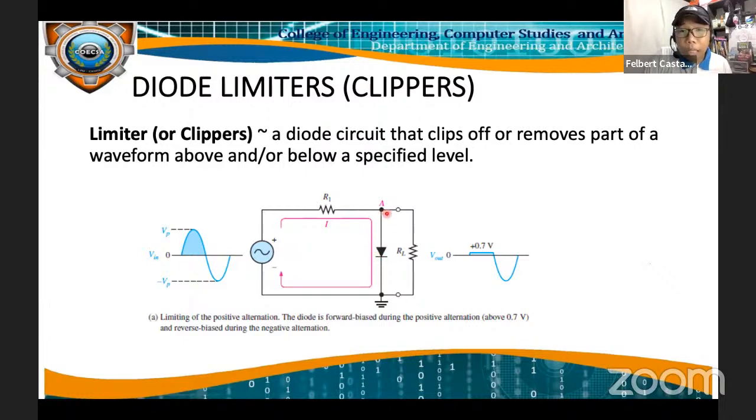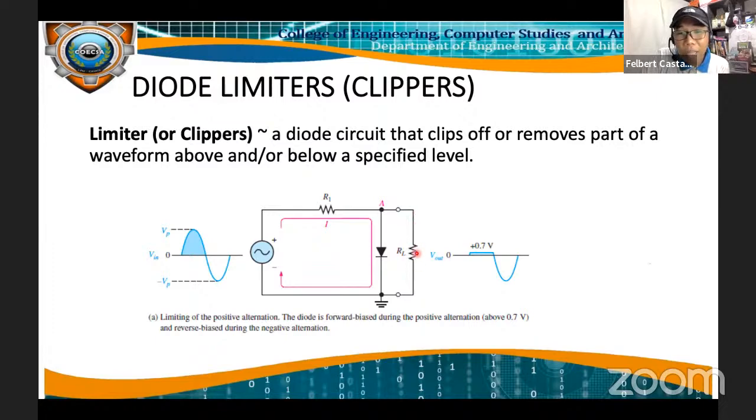Okay, mababasa natin dito, since mag-forward bias itong diode during the positive half cycle. If we check natin sa oscilloscope yung output waveform natin, we will connect here our measuring instrument para ma-read niya yung mismong level. So you'll be reading yung voltage across the diode.